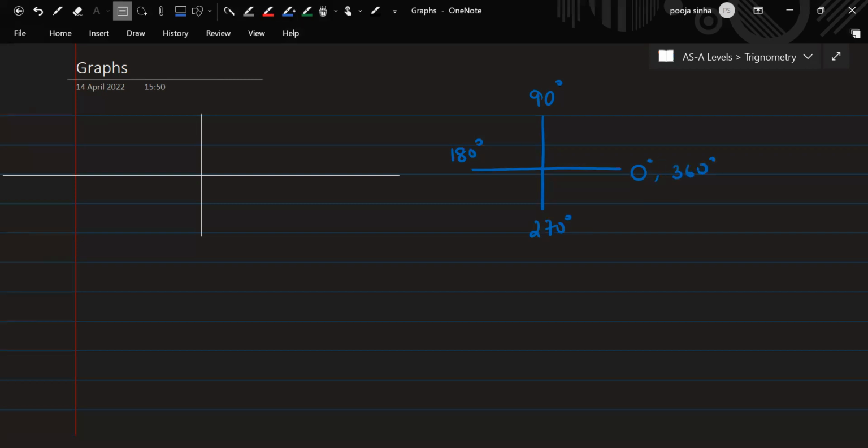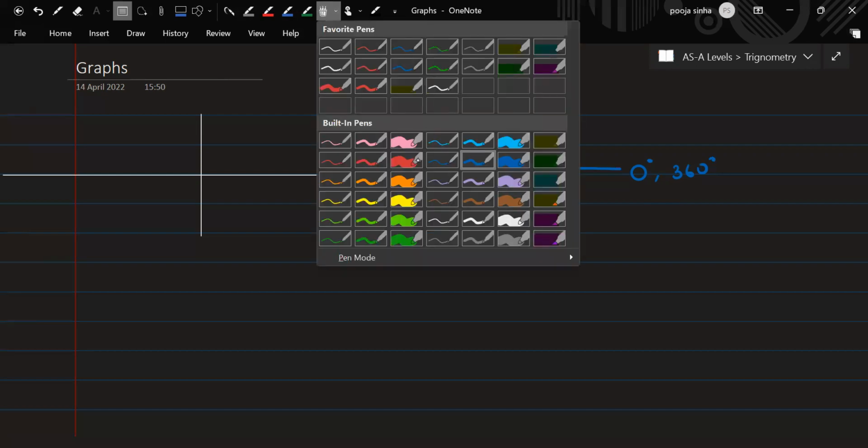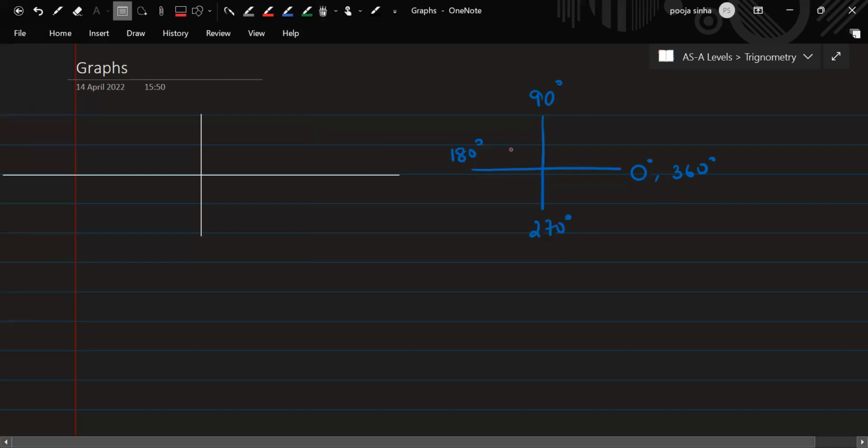Now, corresponding to them, we are going to write the values. At this 0 degree, sine theta की value कितनी होती थी? 0. 90 पे it used to be 1. 180 पे it was again 0. 270 पे it was how much? -1. And when it was 360, it was again 0, correct?